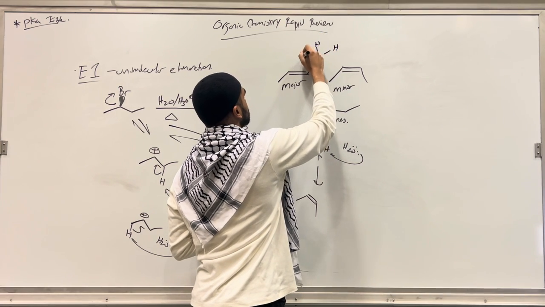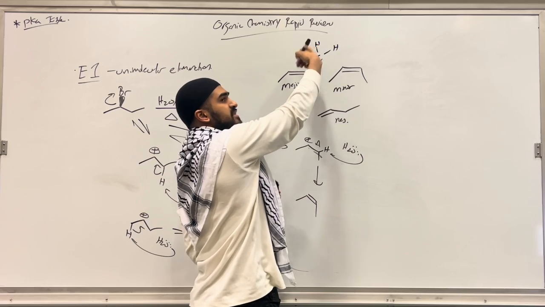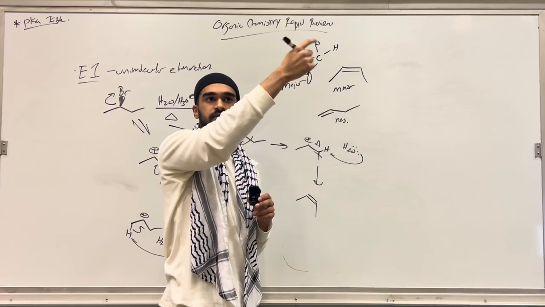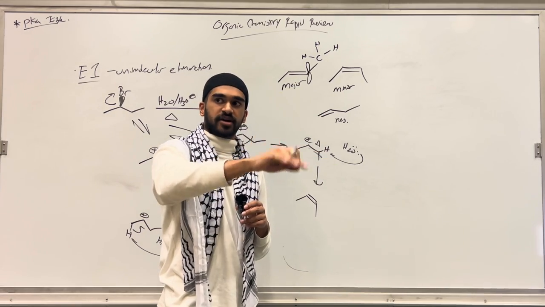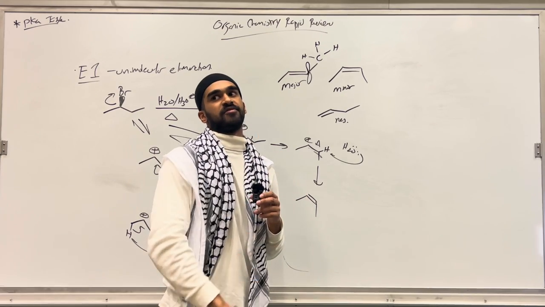Where the spinning of these hydrogens donates electron density into the p orbital of the double bond, thus stabilizing it. And the more of those you have, the more stabilized the double bond becomes, the better the double bond, which is why more substituted double bonds are more favored.